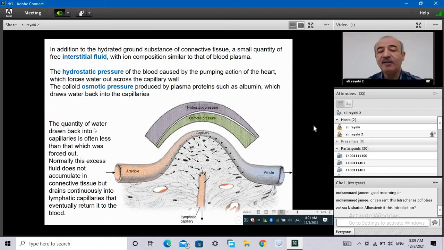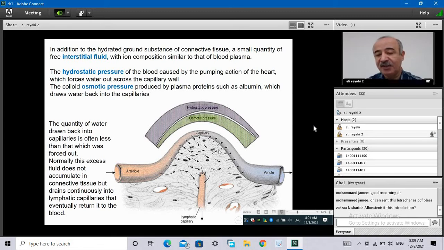The quantity of the water drawn back into the capillary is often less than that which was forced out.